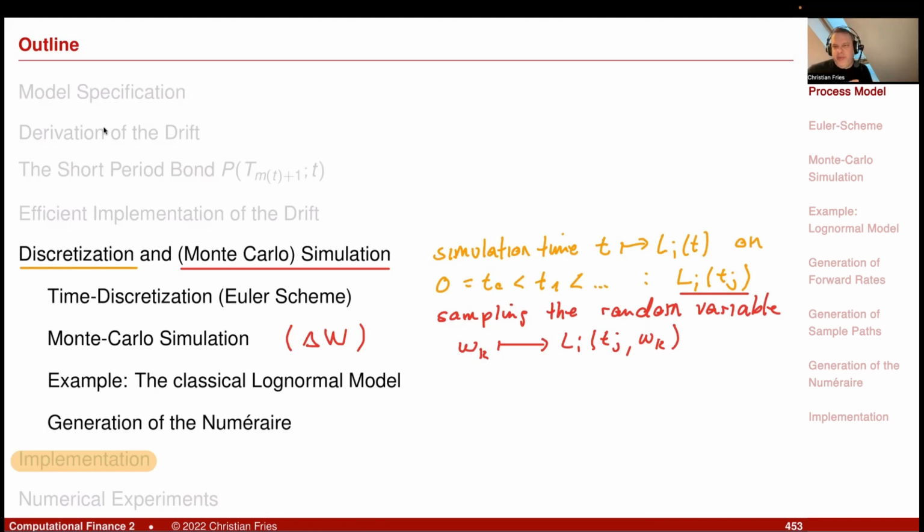So this is a little bit of a recap. I use building blocks we already developed in the numerical methods lecture. But if you did not follow this lecture, it's not a problem, because this review is maybe enough, and you can just use this as a building block, some method that generates for you a normal distributed random variable, for example, or a time discrete approximation of a time continuous stochastic process.